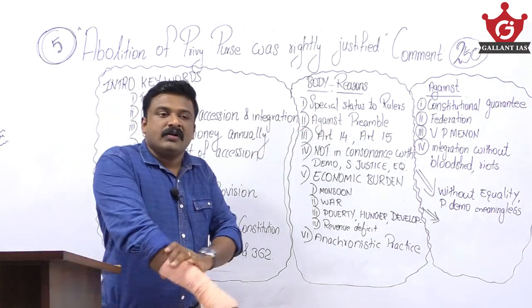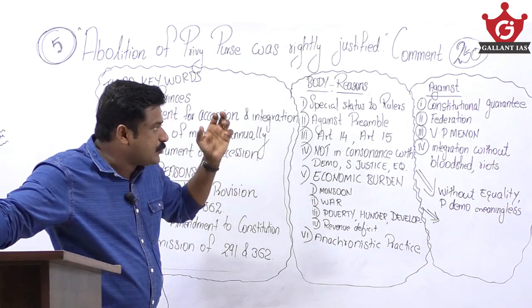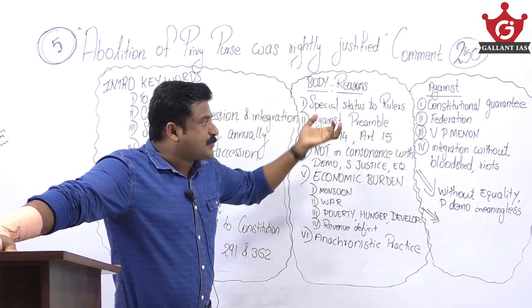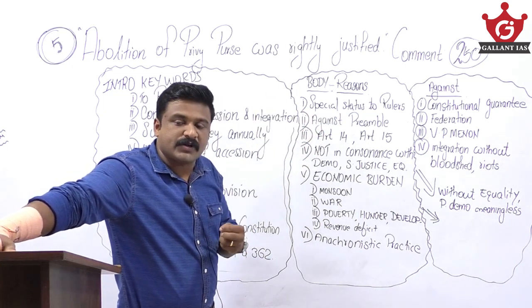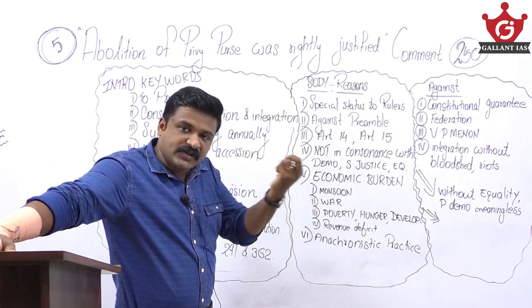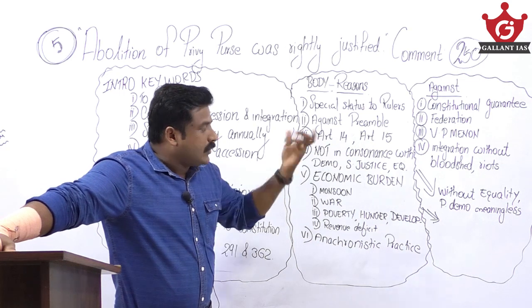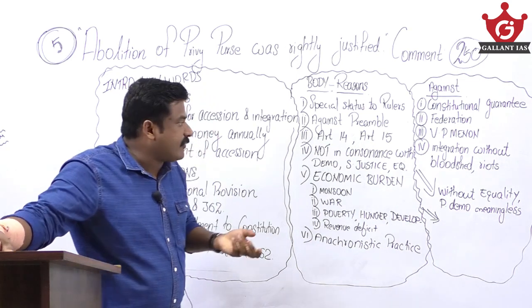See, when you say justified, what are the points against that justification? Privy purses were actually a constitutional guarantee offered by the Constituent Assembly to the princely states of India for signing the instrument of accession and for integrating into the Indian Union. This was one of the bases for the creation of the Indian Federation.